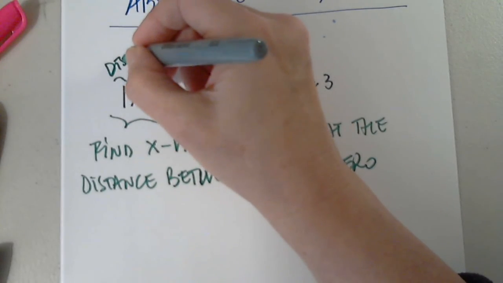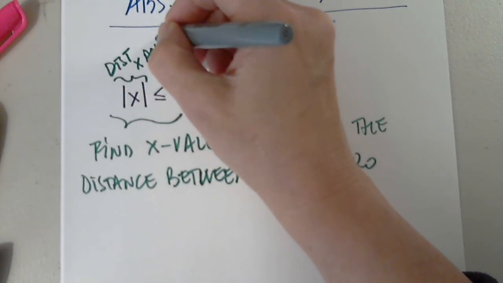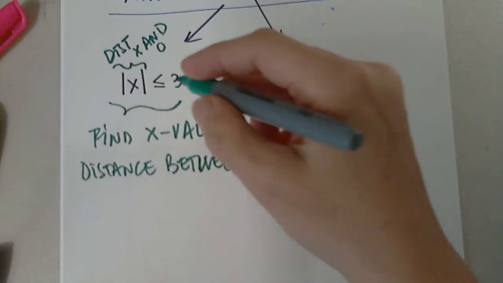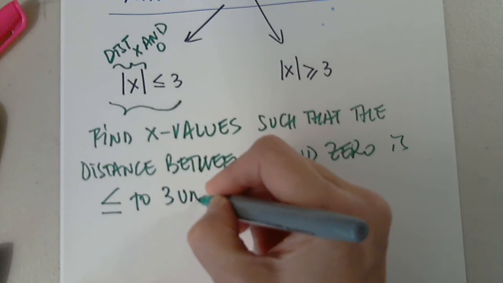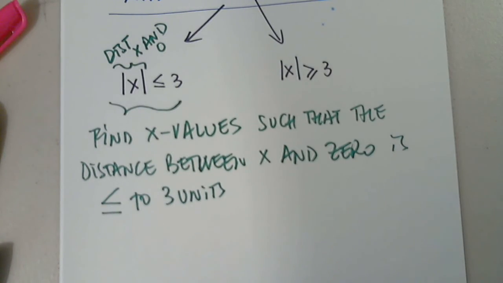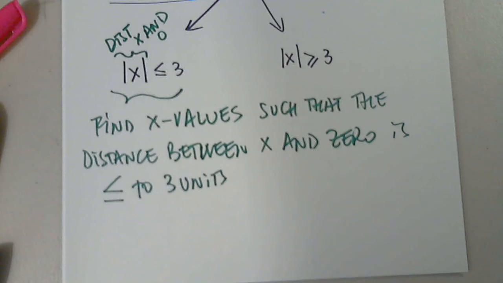This is the distance between x and 0. Is less than or equal to 3 units. Okay, I don't know where they are, but I'm going to graph.